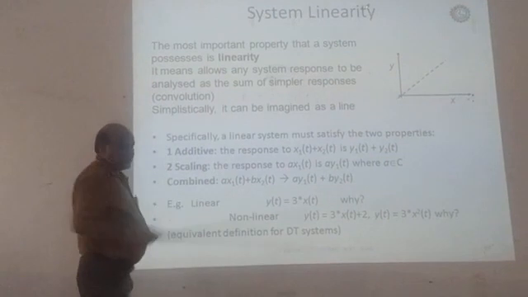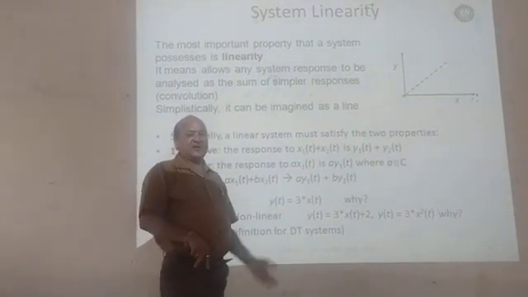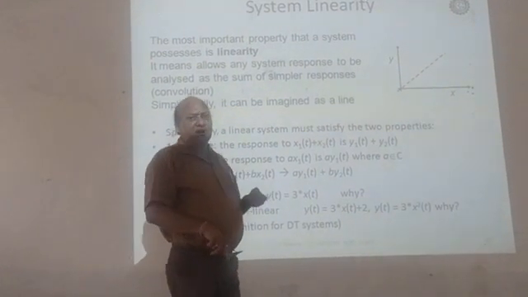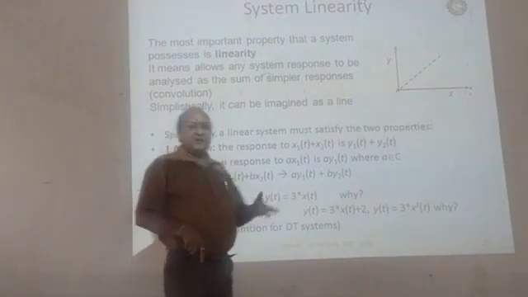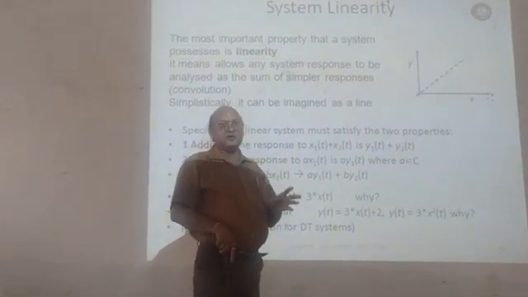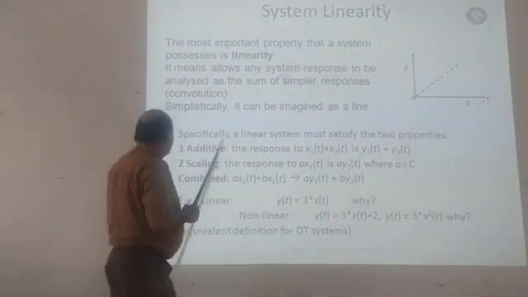Then convolution. Convolution we have already seen, circular convolution, linear convolution. So linear convolution is the best example of a linear time invariant system. That is a tool in DSP that we have already studied. We have also seen the problems on linear convolution as well as circular convolution.